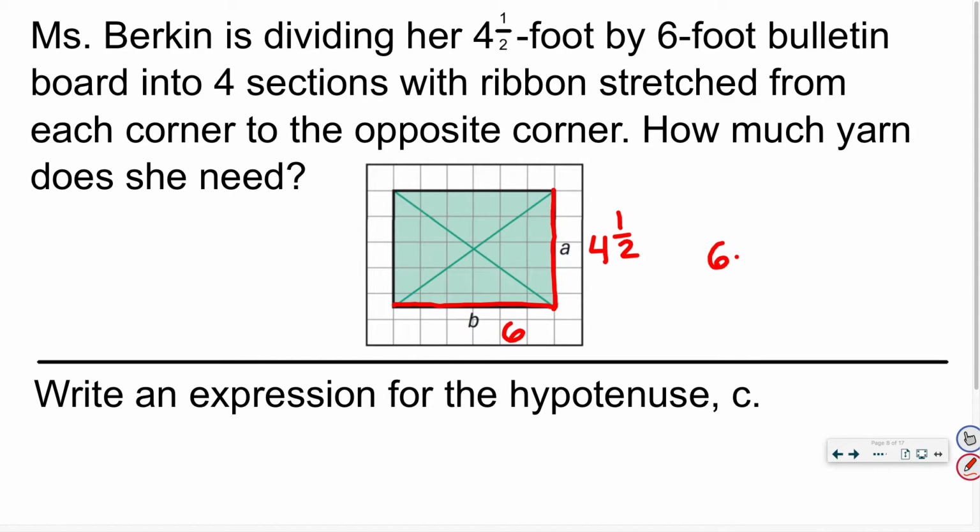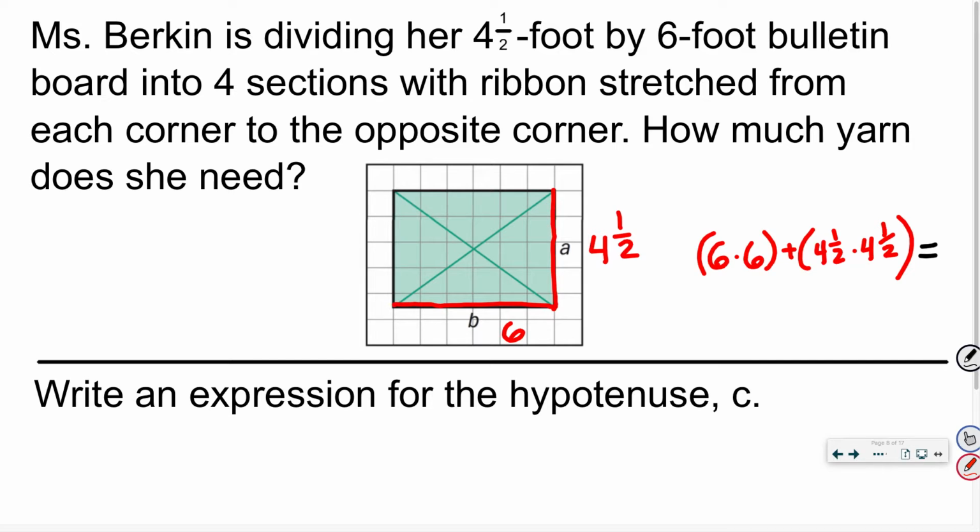6 times 6. And then what? Who wants to add on to what Tyrone said? Michael, what's the next part? 4.5 squared. And that's going to give us what value? Don't give me the number.